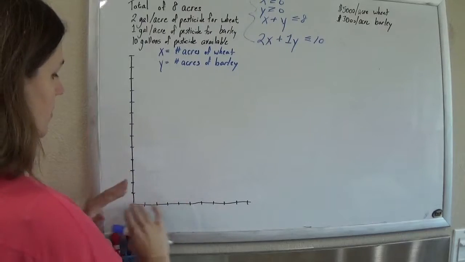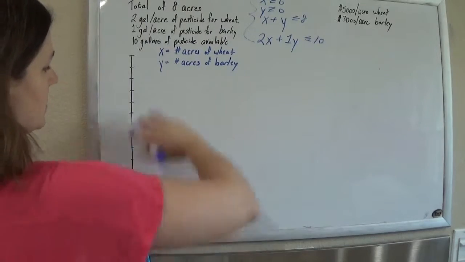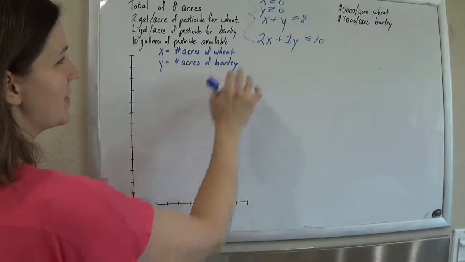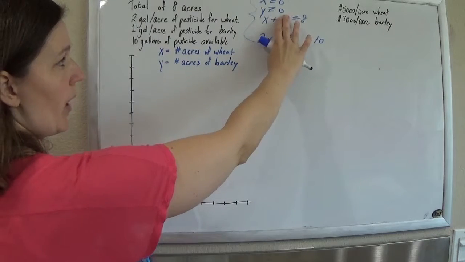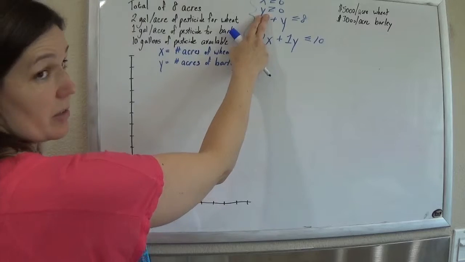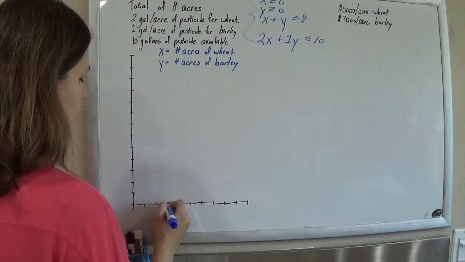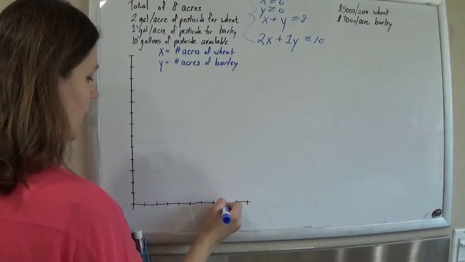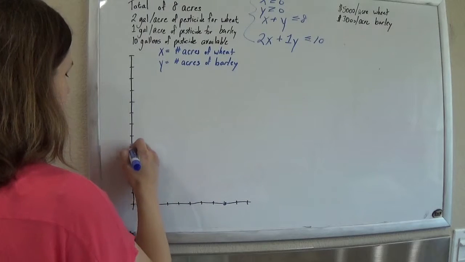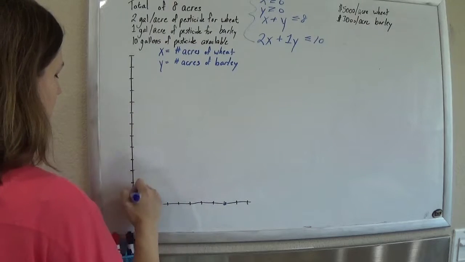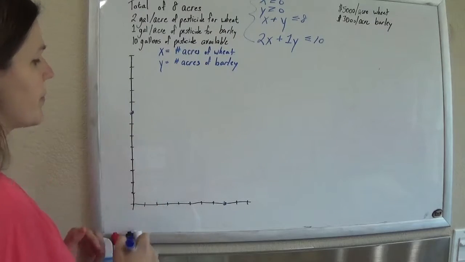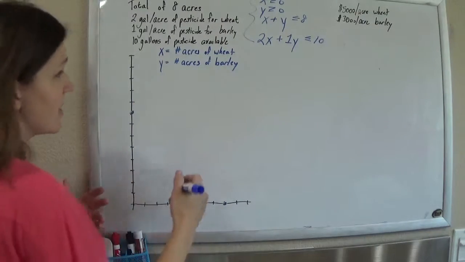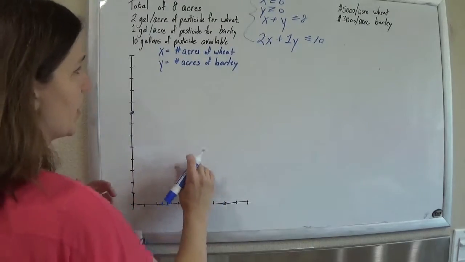So X is greater than 0, Y is greater than 0 puts us in the first quadrant. For this one, I can see my intercepts are going to be 8: when Y is 0, X is 8, and when X is 0, Y is 8. But because I want to be precise, if I can get points off my graph, I will.